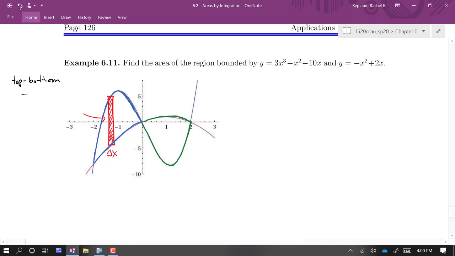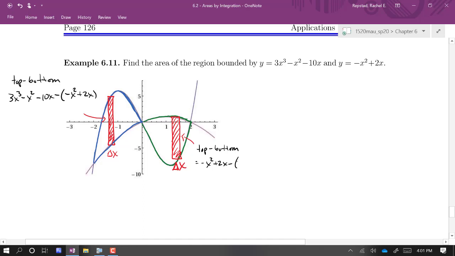So that is 3x cubed minus x squared minus 10x minus a negative x squared plus 2x. And over on the right, again, a delta x with top minus bottom this time is the quadratic minus the cubic. So that's negative x squared plus 2x minus, and then subtracting this cubic.